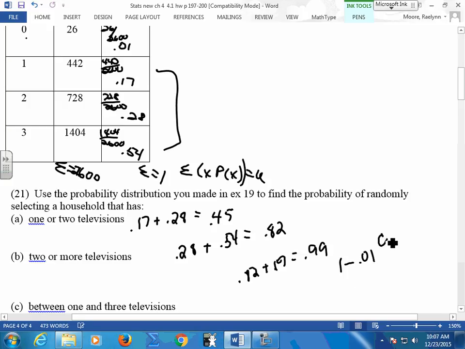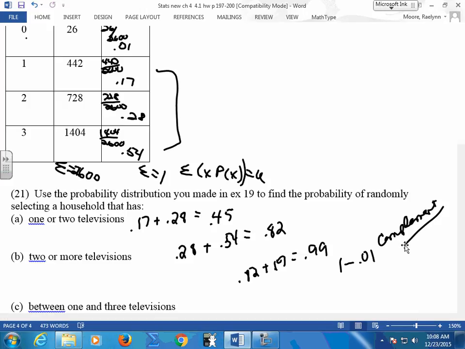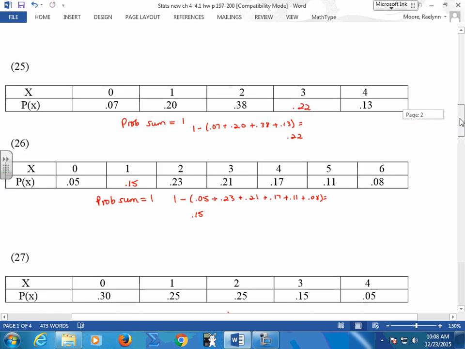So if you wanted to use your complement case, you can use your complement case here as well. But the only one you didn't use was the 0 one. Remember this chart too. The one thing that you have to get used to is 0 is a possibility, that none respond. A lot of times kids forget the zeros.